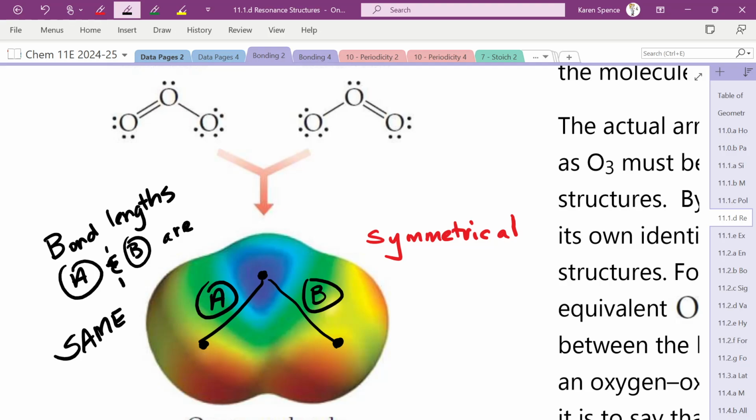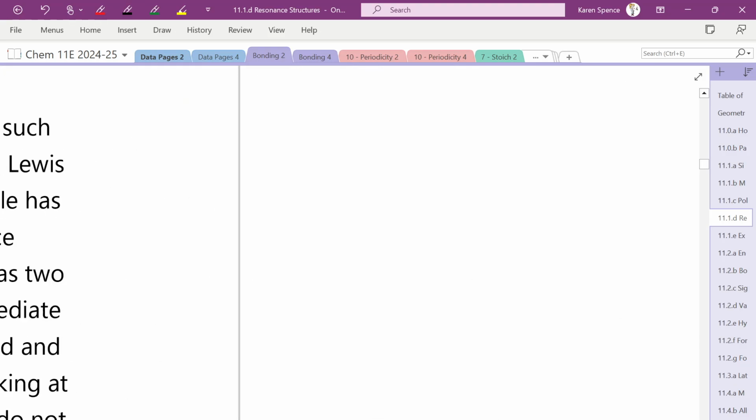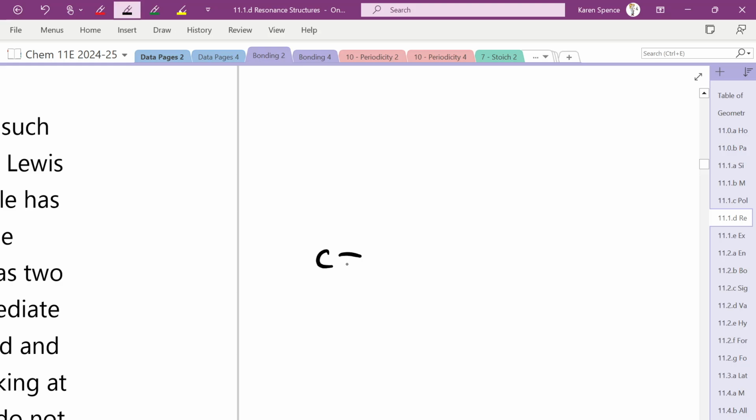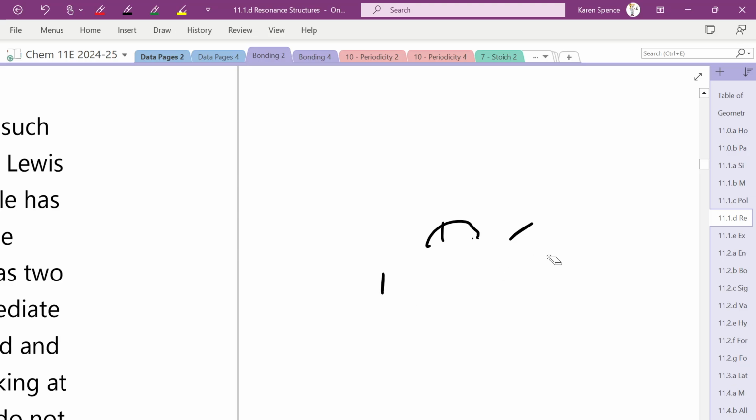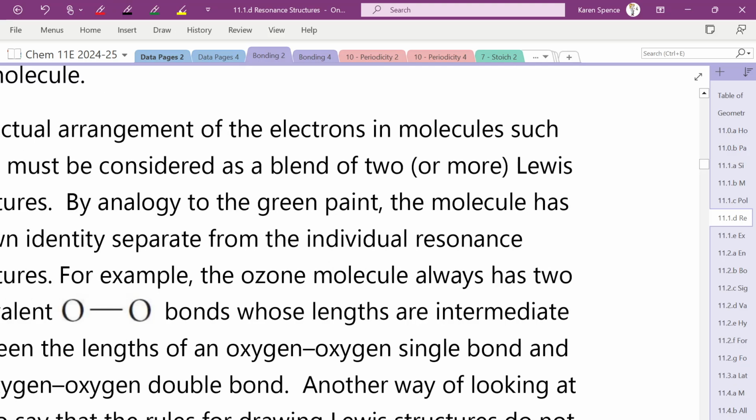But let's just say that we had... Are you going to be able to get resonance there? No, because if there was an oxygen, I don't know, it wouldn't move. I don't know what I'm drawing there. Never mind, pretend I didn't draw that. Okay? Yeah, we'll get to some better examples later on.